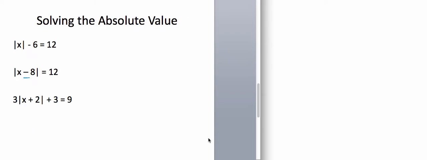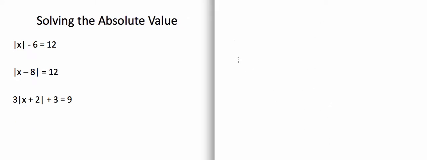Now we're taking a look at solving with the absolute value in functions. We've got the absolute value of x - 6 equals 12. How we solve this is we solve this like a two-step equation.